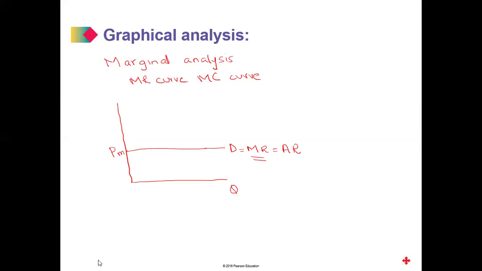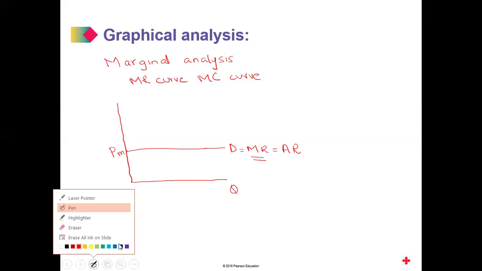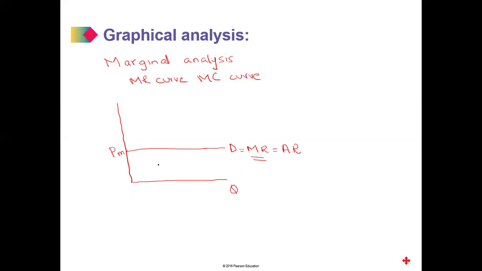Now we are going to draw the marginal cost curve. We have made the marginal cost curve in the class and we have also discussed the pattern of the marginal cost curve. The marginal cost curve in the short run at first decreases and then it increases.